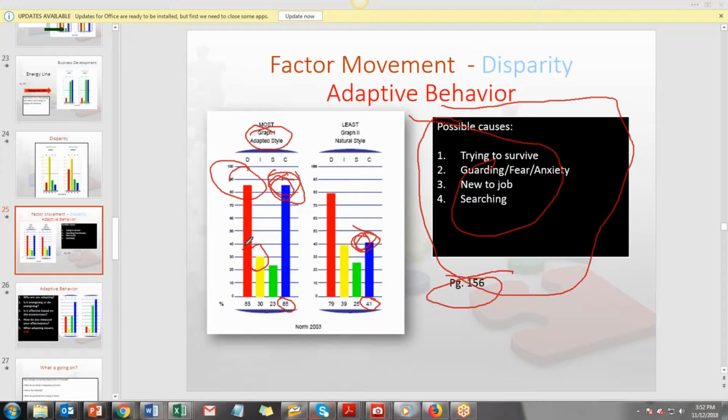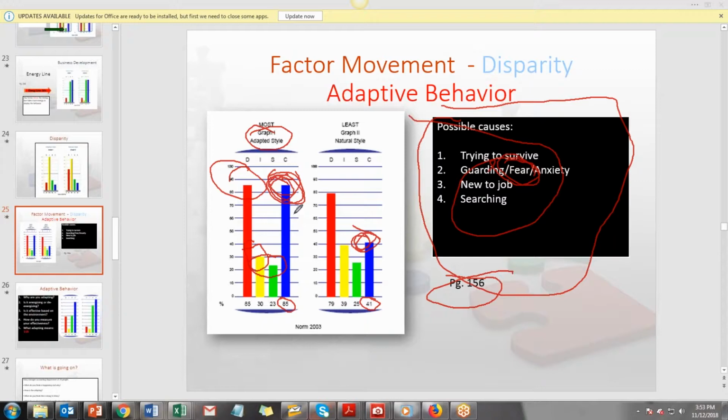The emotion of the I is enthusiasm. The emotion of the low S is spontaneity, high energy. So what's the emotion of the high C? Fear. So write that down, because that could mean the person is fearful of something.